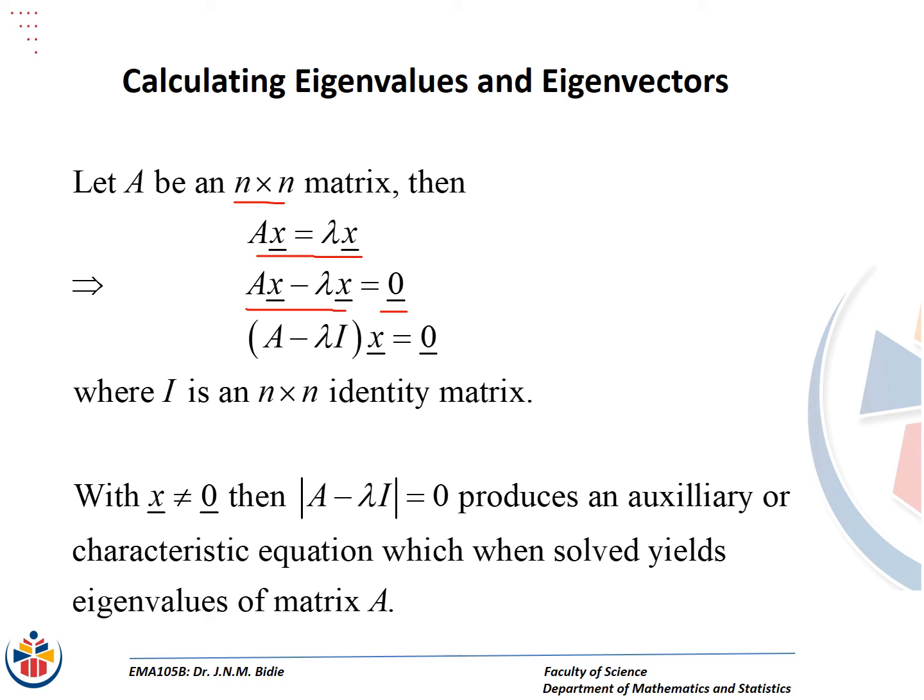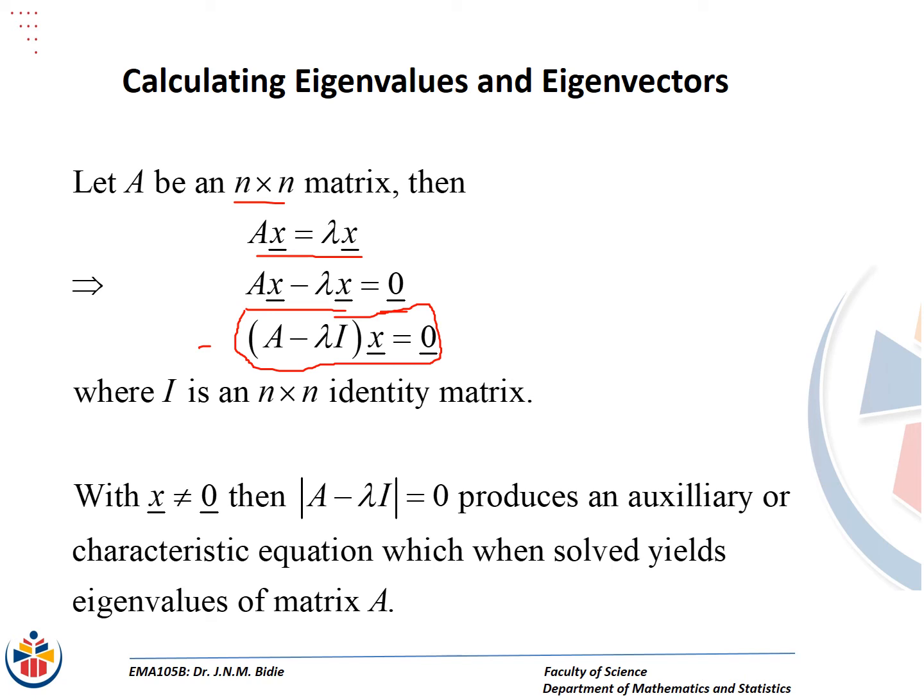Then we are able to say that in order for us to calculate our eigenvectors, that equation must hold. But we have to substitute the corresponding eigenvalues in there so that we can get the eigenvectors.